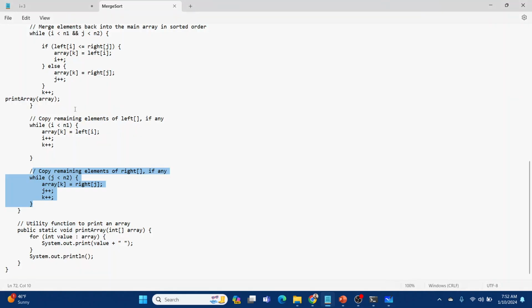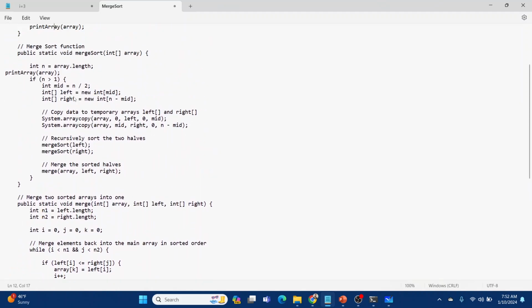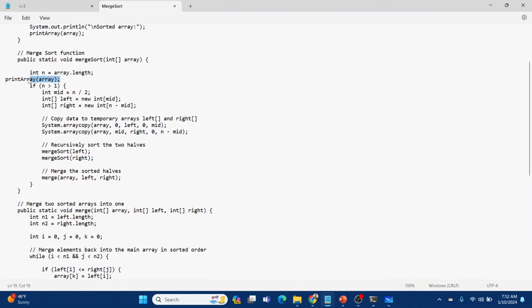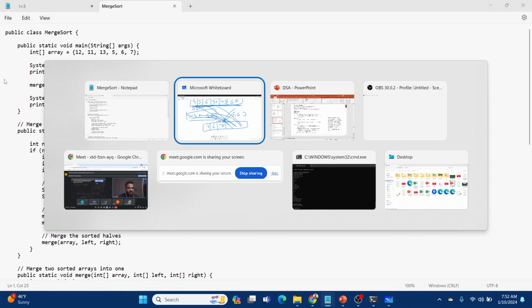There is a lot of printing we have done over here, so we'll try to remove it. There is no need for it at the initial level. First we'll run it. I hope the basic idea is clear of what we are trying to do.